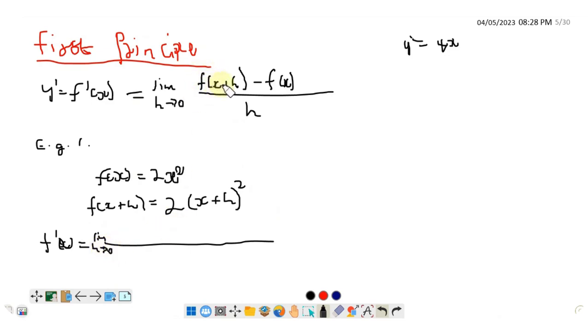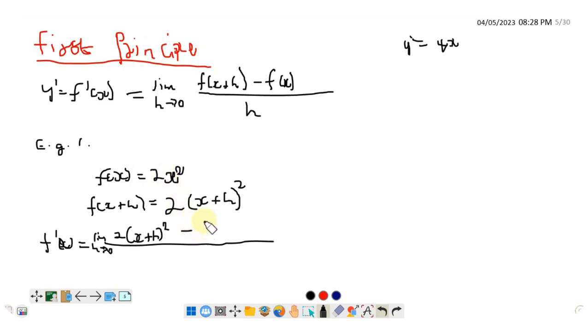Then you write that f of x plus h is 2 into x plus h all squared, then minus f of x.